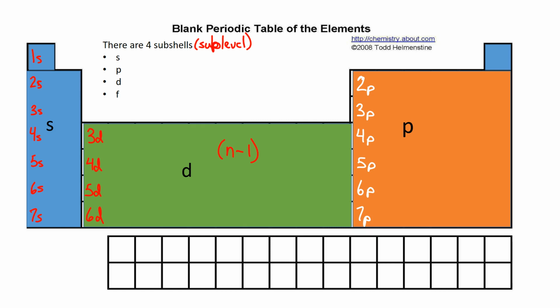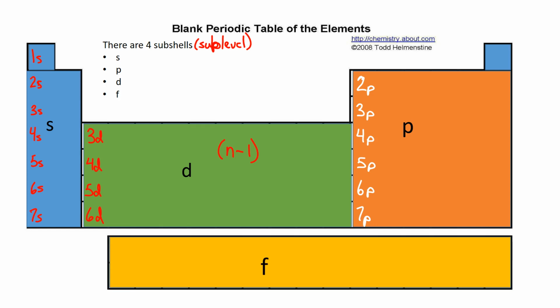And then the last region is the F block, or the F sublevel. F is kind of weird because we show it as being down here, but remember the periodic table looks more like this one where it's shifted inside of there. So that represents a series of 14 columns. We call that F. And just like the D is n minus 1, F is n minus 2.